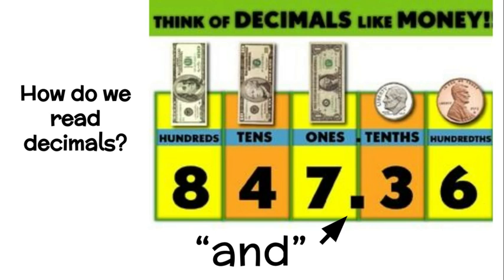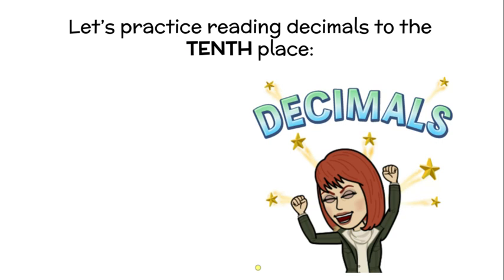In this case, when we are reading decimals in math, we really want to remember to use that word and. So let's give it a try. Let's practice reading decimals to the 10th place. So I'm going to show you a number and I want you to say it out loud. And then I'll pause and I'll say it to see if you got it right. So here we go. Here's our first one.